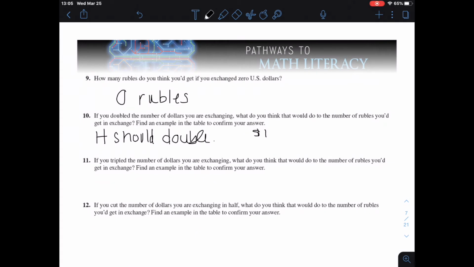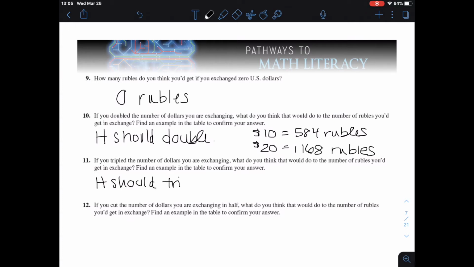So 10 US dollars is 584 rubles. And when you double the amount to 20, it doubles the amount of rubles, and you get 1,168 rubles.